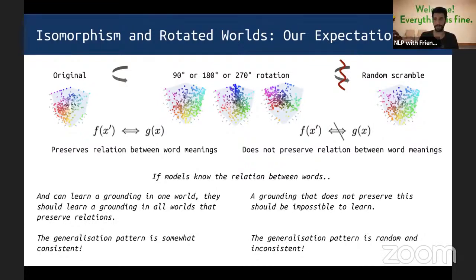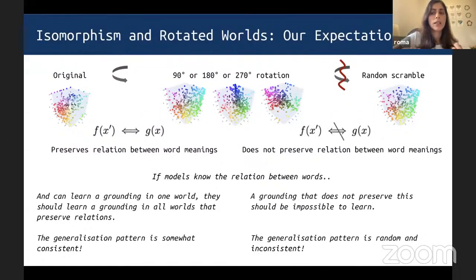So not exactly. I'm more asking about the zero shot setup, where it's not clear if the model already knows about the other colors that you're testing on. So our hope is that the model knows things about the colors in terms of how the word forms relate to each other.